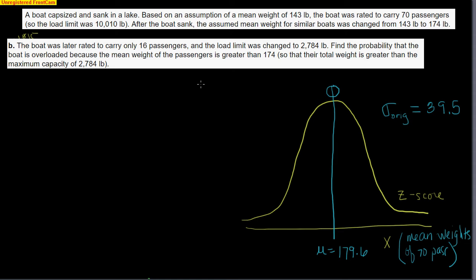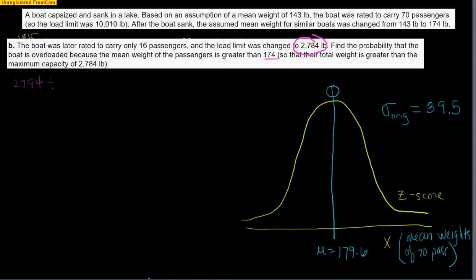All right, so we're back to our original template here. Part B says the boat was later rated to carry only 16 passengers. Why 16? Well, because they decided the load limit, they're dropping it down from 10,000 pounds down to 2,784, and they also now decided that the mean weight was going to be 174.